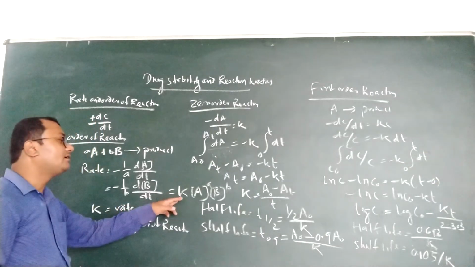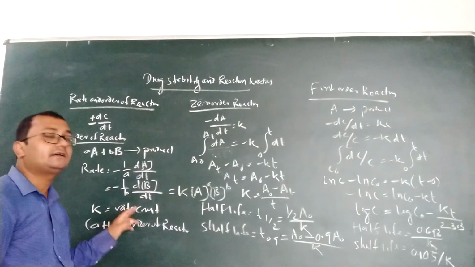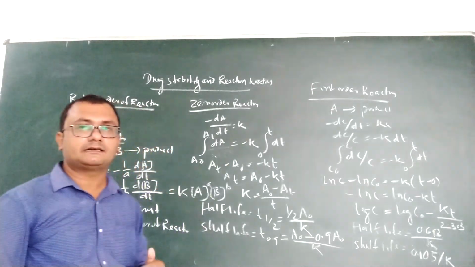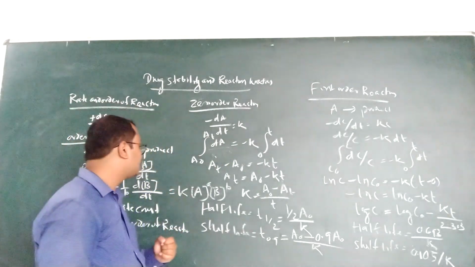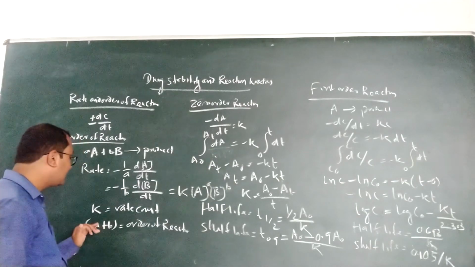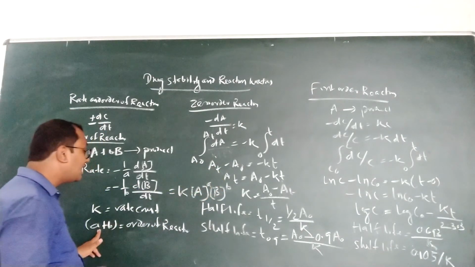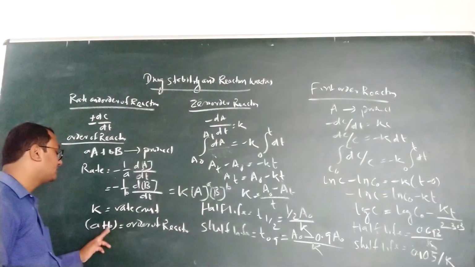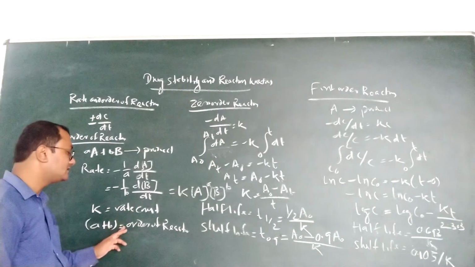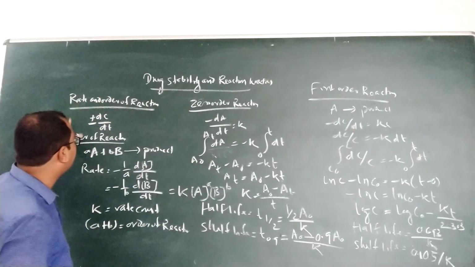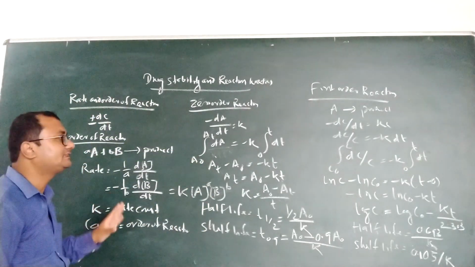This K is known as the rate constant, sometimes called the specific rate constant. The powers a and b are the order of reaction, and the summation a plus b is known as the overall order of reaction. This is the basic thing.